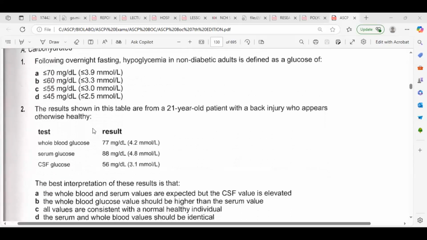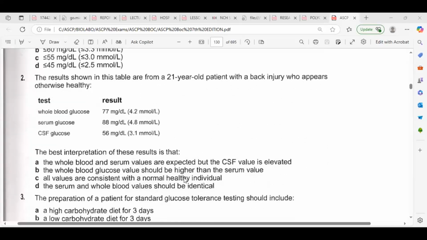So, question number 2. We are going to start from this question. It says, the results shown in this table are from a 21-year-old patient with a back injury who appears otherwise healthy.